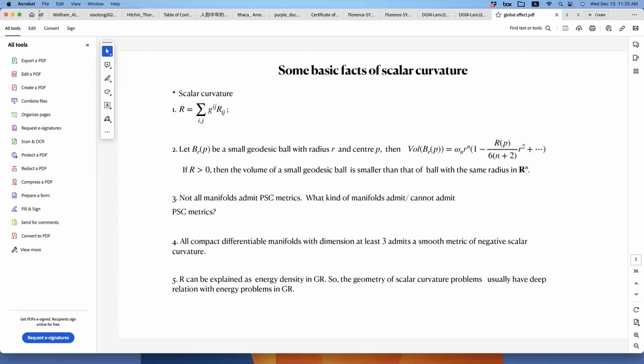Actually, this is due to a classical result of Lichnerowicz. So I think he proved this about 60 years ago. Since then, which manifolds admit or cannot admit positive scalar curvature has become one of the central problems in Riemannian geometry and topology.